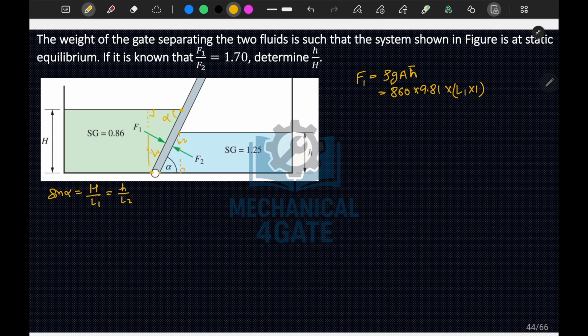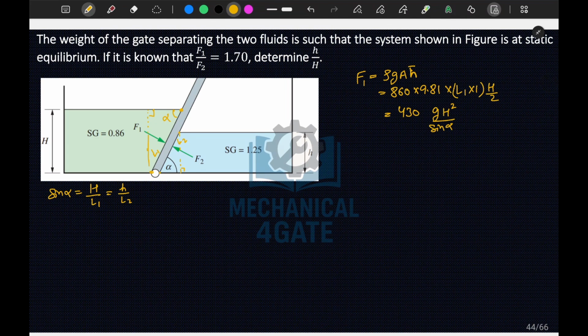This h bar will be half of this height, that is capital H by 2, which will be equal to 860. So this will become 430 into G capital H, and if I substitute L1 is equal to H by sin alpha, this will be G H square by sin alpha. I hope you understood this point.